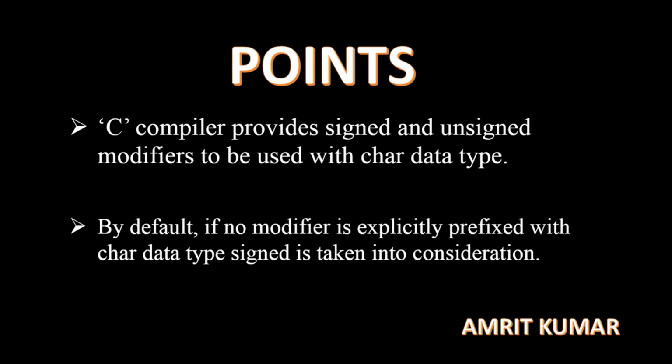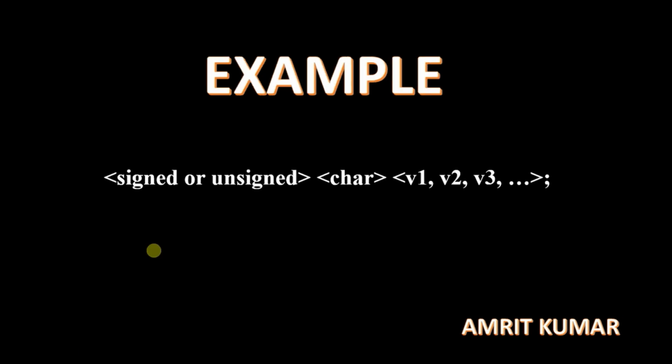And the next point is that by default, if no modifier is explicitly specified with the char data type, signed is taken into consideration. Suppose you are not giving any modifier here, you are only using char and its variable list. Then by default signed is used as the modifier, and not unsigned.